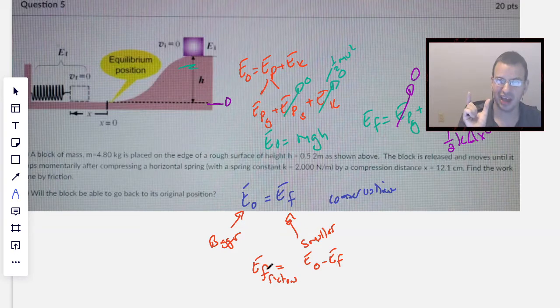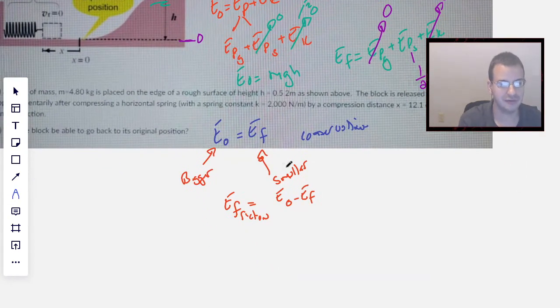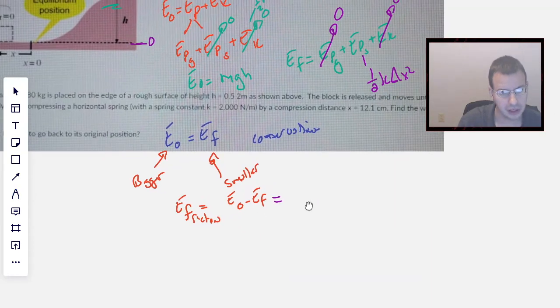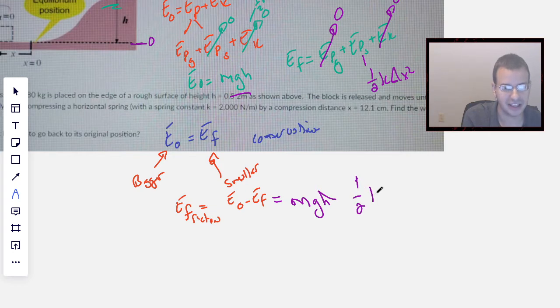But since we have only one loss of energy here, and that's due to friction, the energy we lost is going to be the difference of our initial energy minus our final energy. So energy initial is mgh, like we talked about up here, minus 1/2 k delta x squared.